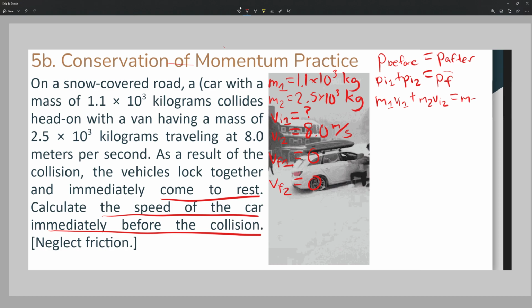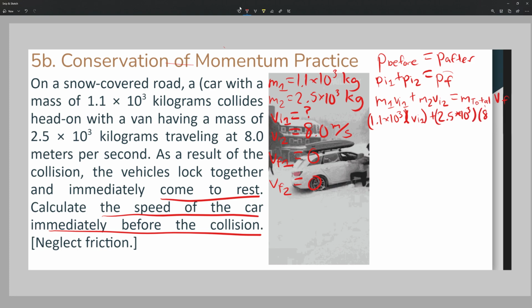And so because we're treating them as one entire thing, we're gonna have our mass total and final velocity. And so mass 1 is 1.1 times 10 to the third, velocity 1, and that's the initial velocity of object 1, right? So plus mass 2, which is 2.5 times 10 to the third kg.